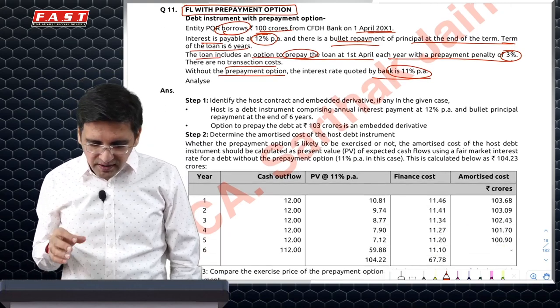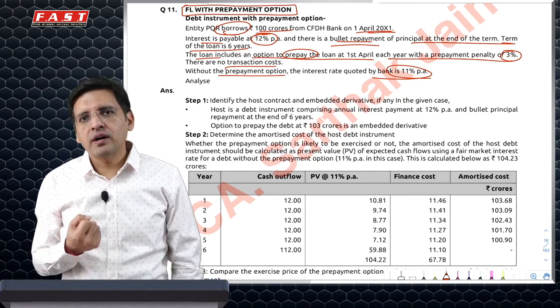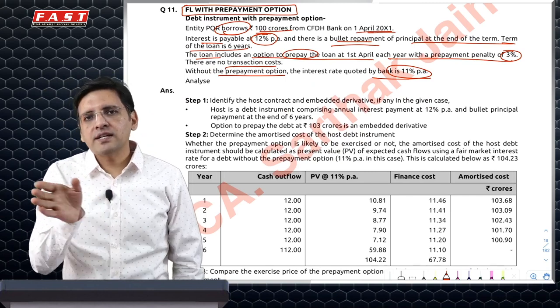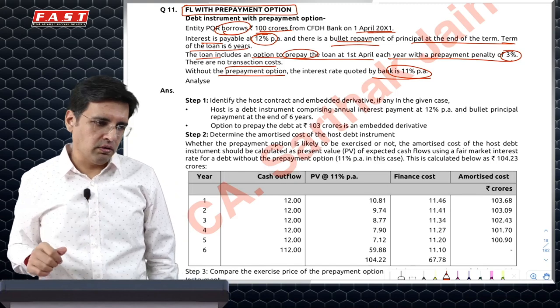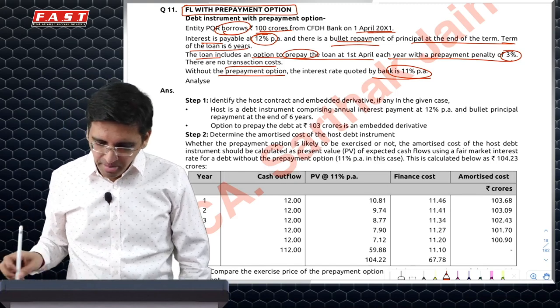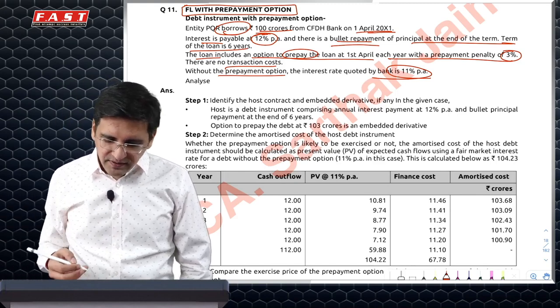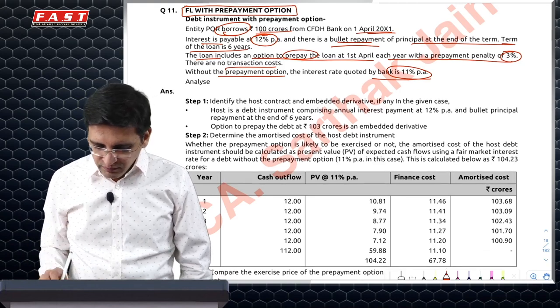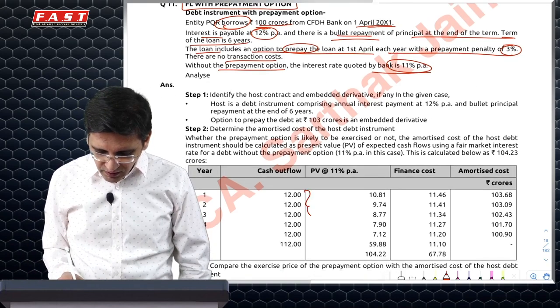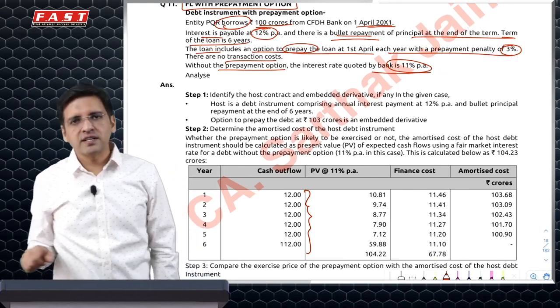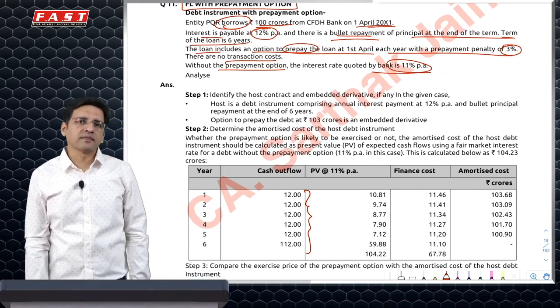What the standard says is, first let's see whether we have to do split accounting or not, as in segregate the derivative and the loan component or not. Then we'll decide further. So let's see what your actual cash outflows are. My actual cash outflows are going to be 12, 12, 12, 12, 12 for 6 years and 100 at the end of the last year.